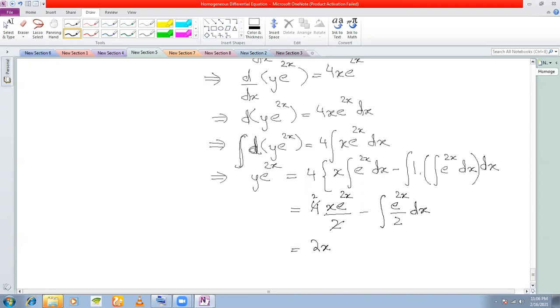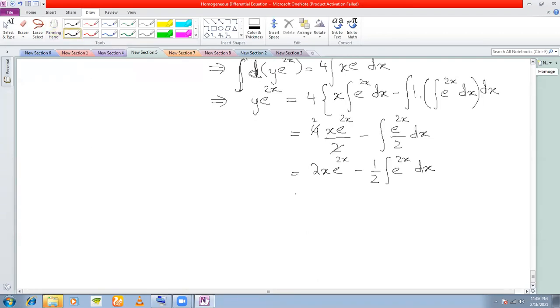So 2x e to the power of 2x minus half integral e to the power of 2x dx, which is equal to 2x e to the power of 2x minus half of e to the power of 2x by 2, plus a constant of integration, which is 2x e to the power of 2x minus e to the power of 2x divided by 4.